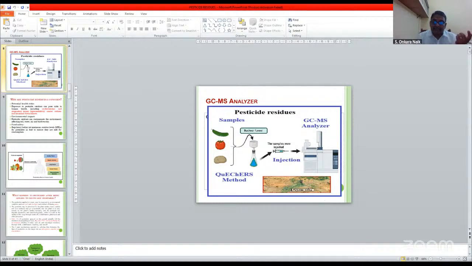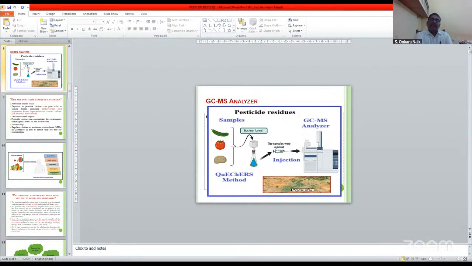Even the water bodies are also polluted. Ultimately, whenever we are producing produce and making it for export, the trading will be very difficult because of the residual level in the produce we are trying to export. So there we will have lots of issues with respect to pesticide residues.